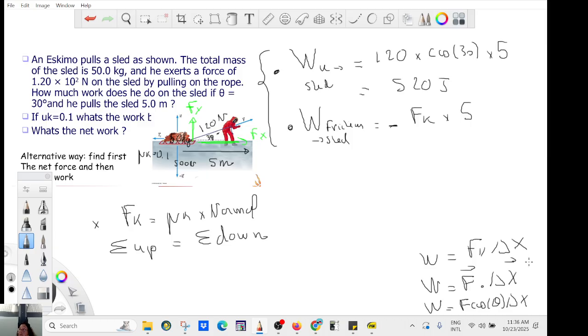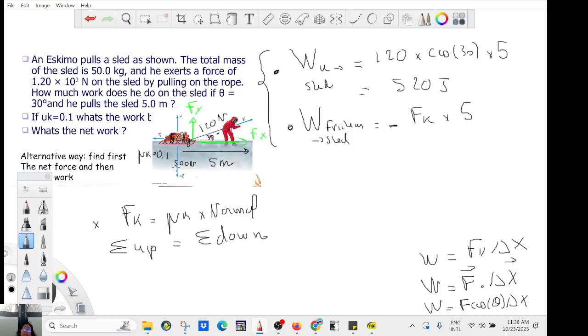Parallel to the displacement. Or you say only the component that makes the speed change. This component is making it go forward. That component is lifting up. It does not help making forward motion.